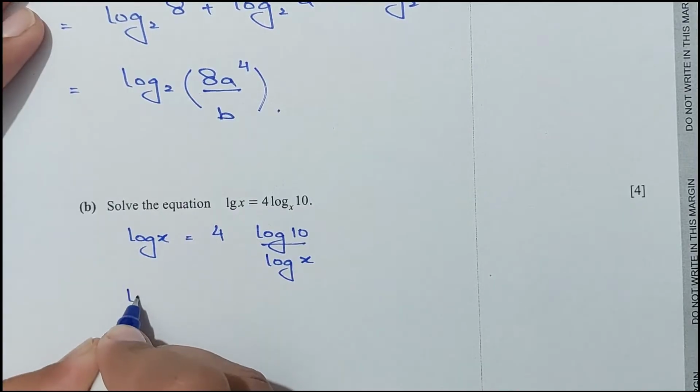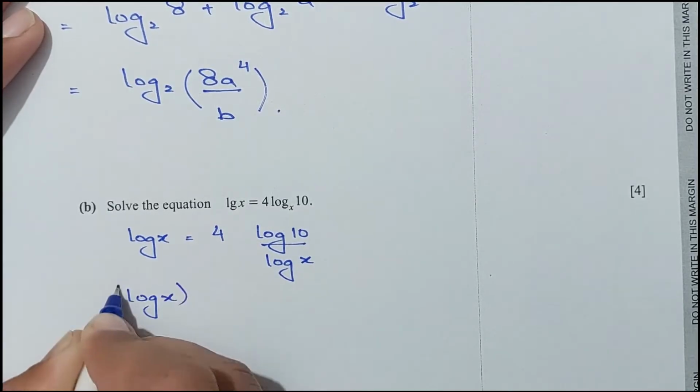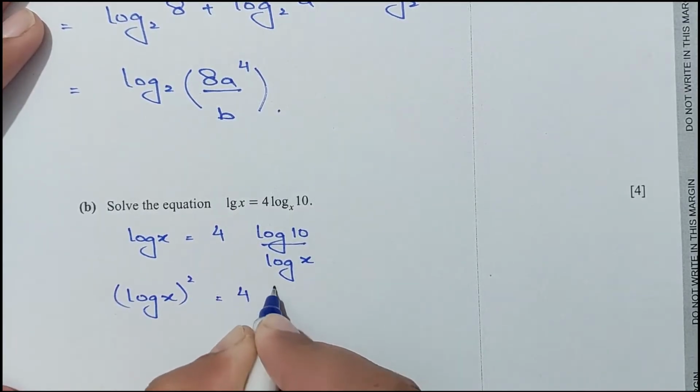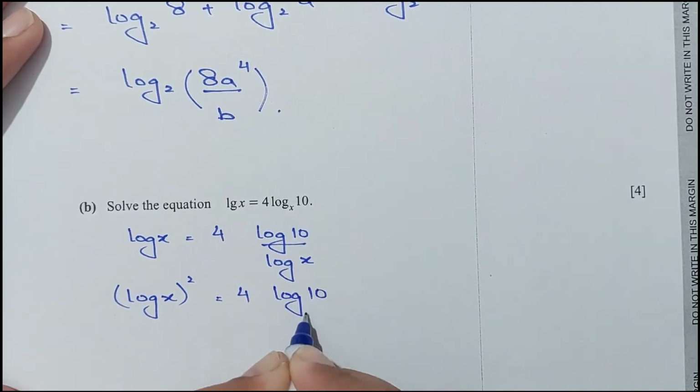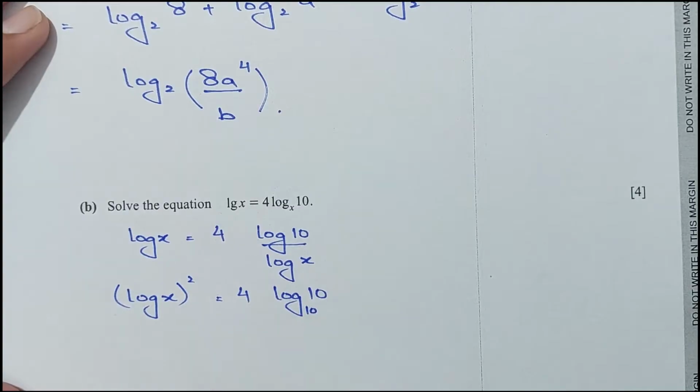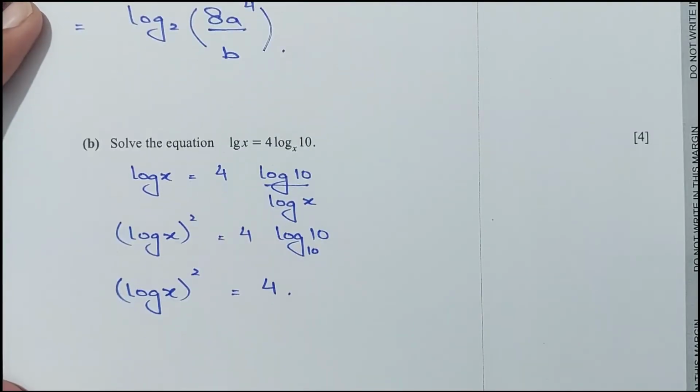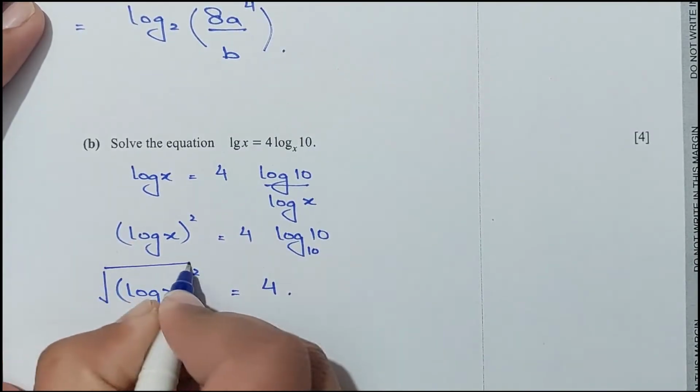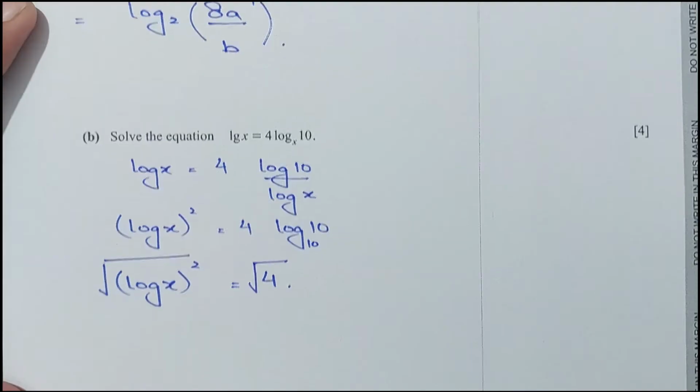Cross multiplied, we have (log x) whole squared equals 4 log 10. Log base 10 of 10 is 1, like we already did when the base and this term are the same. So (log x) whole squared equals 4. To solve for x, taking a square root on both sides, right?